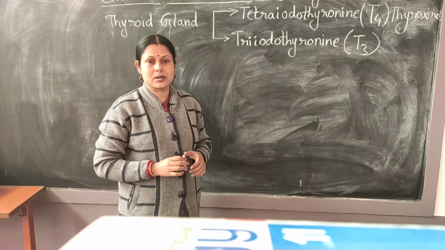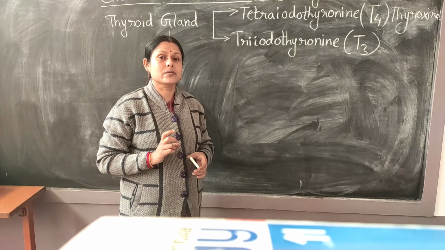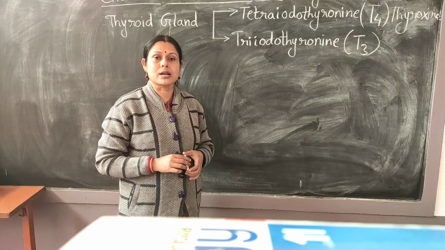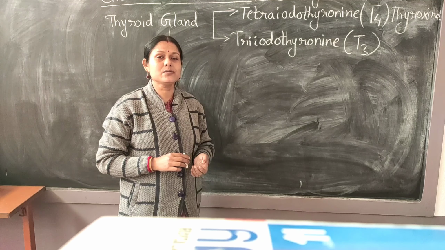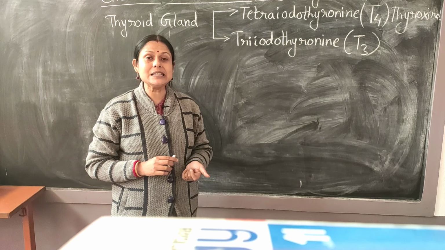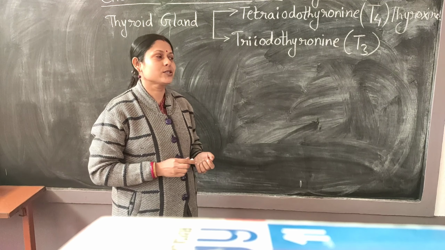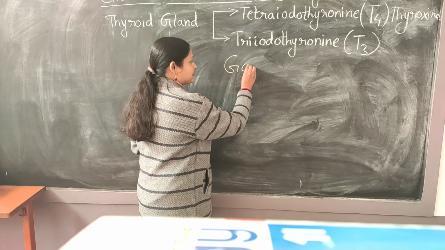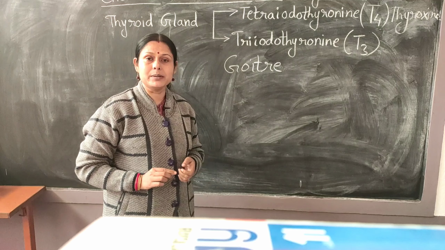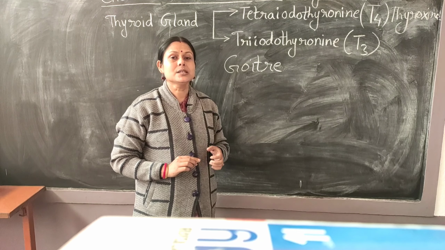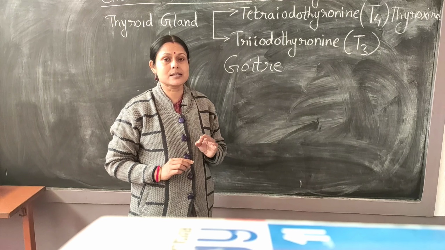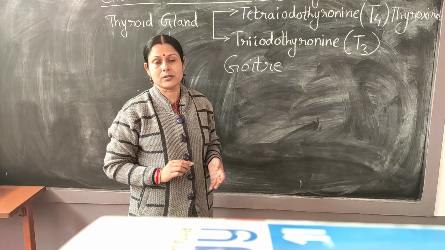Now, the thyroxine hormone works in presence of a mineral which is very important for its synthesis, that is your iodine. The deficiency of iodine, we have learnt from our junior class, leads to a problem which is called goiter. Goiter is associated with the deficiency of iodine, resulting in less secretion of the thyroxine hormone.